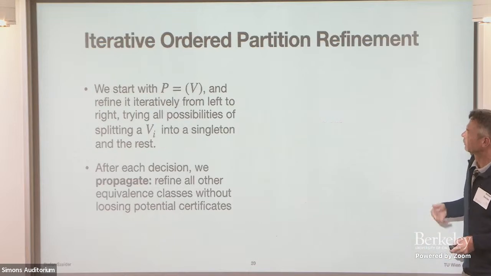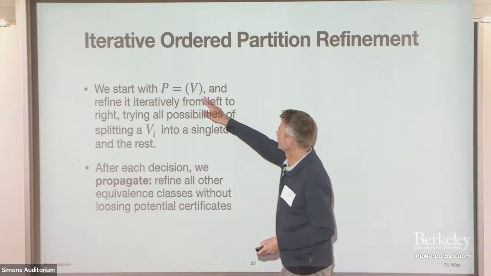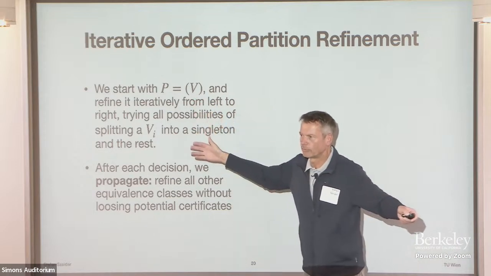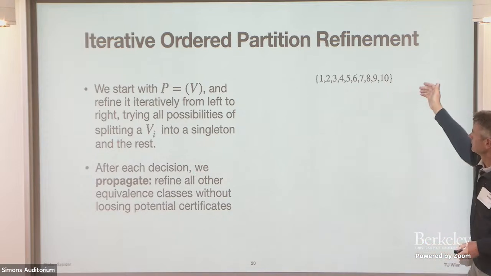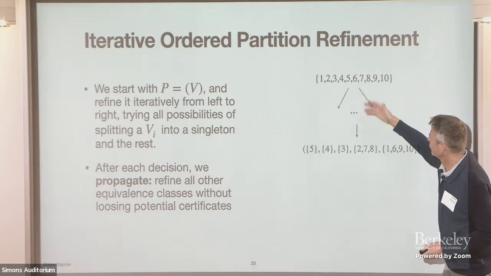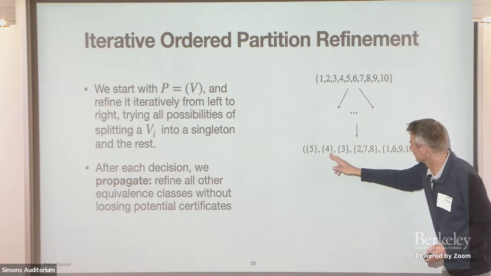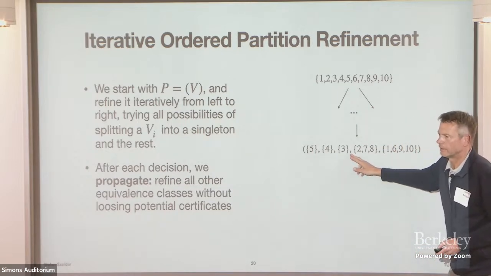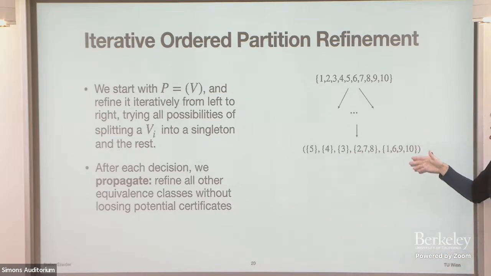And our algorithm now works the following way. We start with the ordered partition where everything is one big equivalence class, let's say with 10 vertices, and then we refine it, and we get singletons at the front. The number of singletons grows.